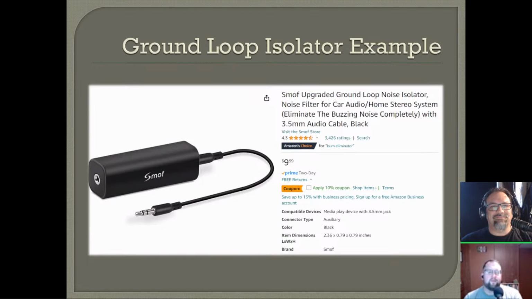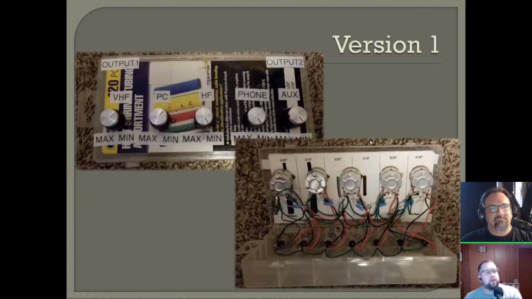One downside I found with the passive audio mixing was I found myself getting ground loops a lot, and I ended up having to buy a lot of these little ground loop isolators for each line coming into the mixer. I think this is actually what brought me into the conversation where Smitty and I started talking about audio mixers. So this was my first attempt to add an audio mixer.